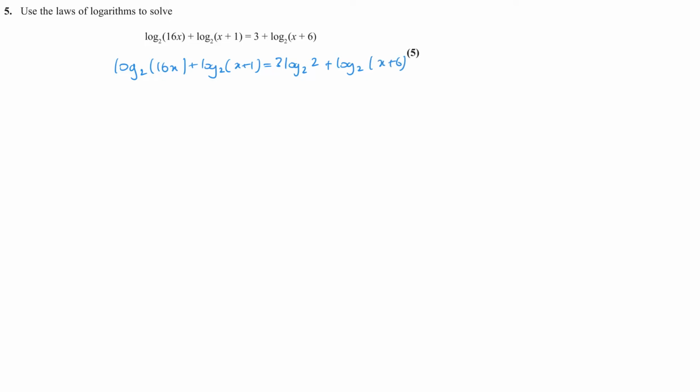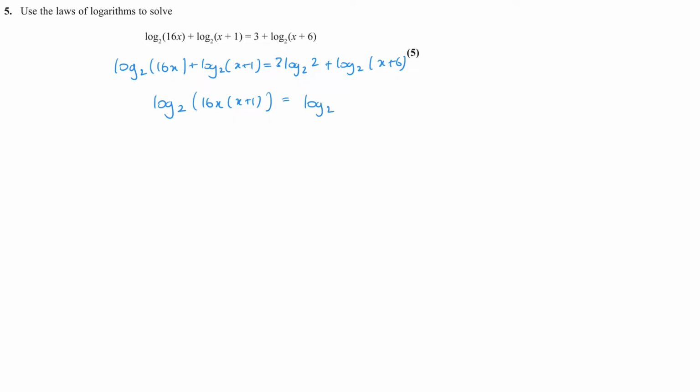Now what that means is I can put them together. So these two are adding the logs, means I multiply the brackets here. So that's log to the base 2 of 16x times x plus 1. And this 3 can go up here as a power, 2 cubed, so that's 8.